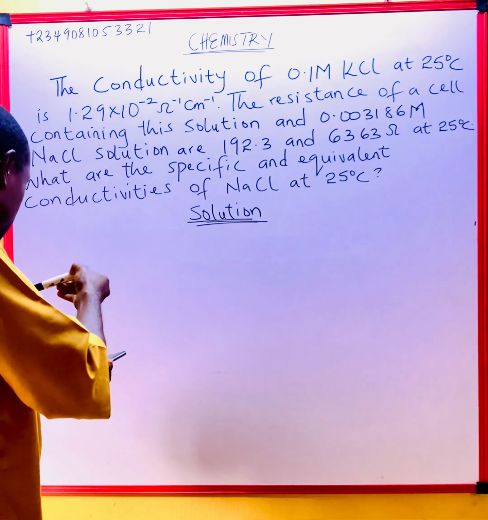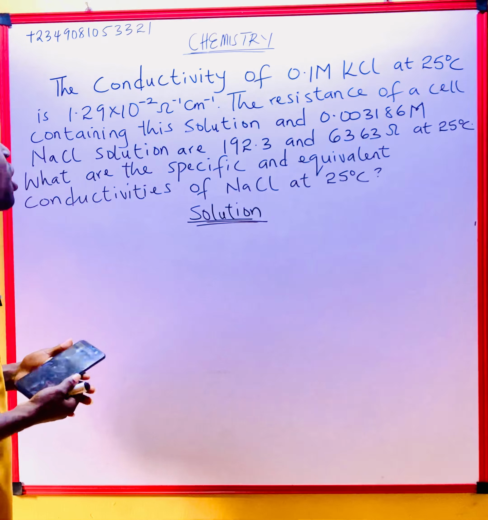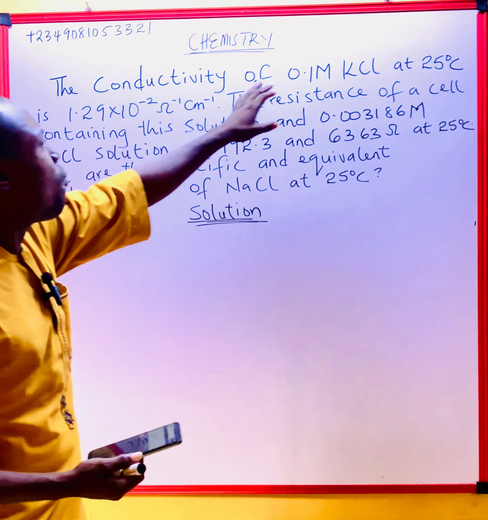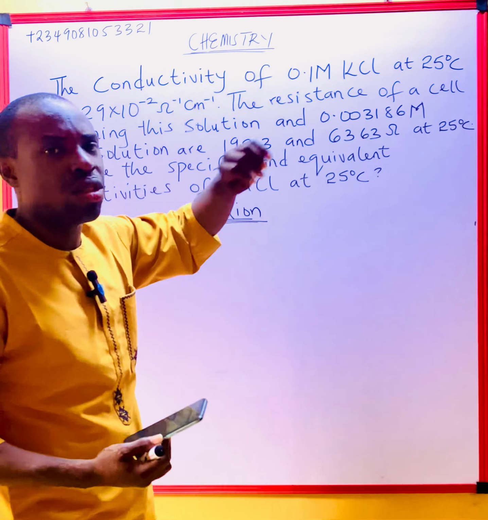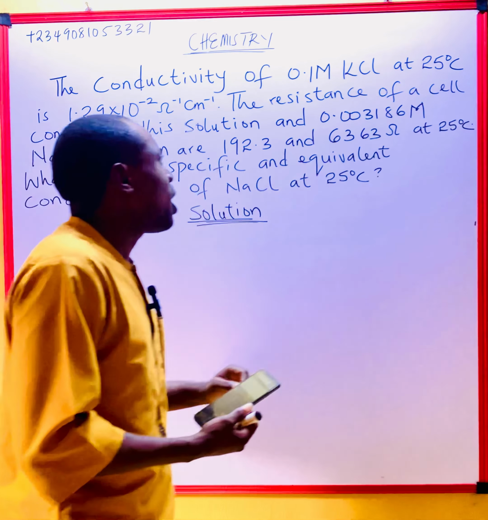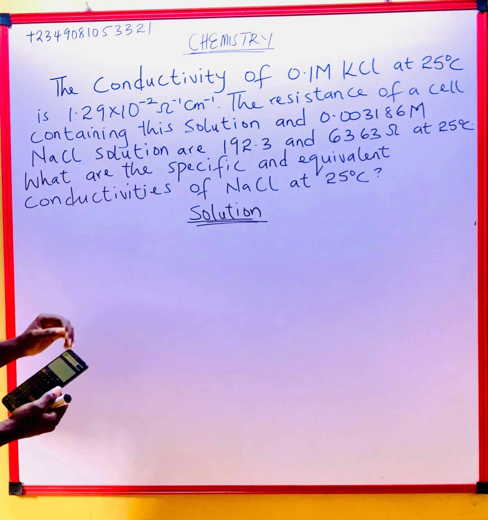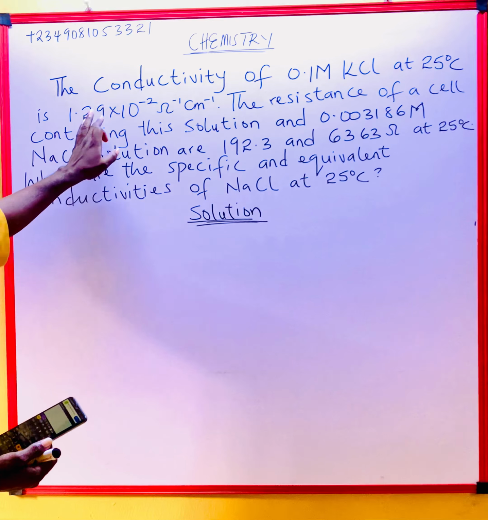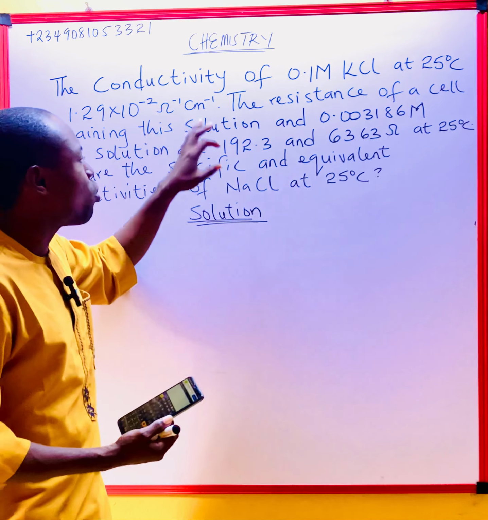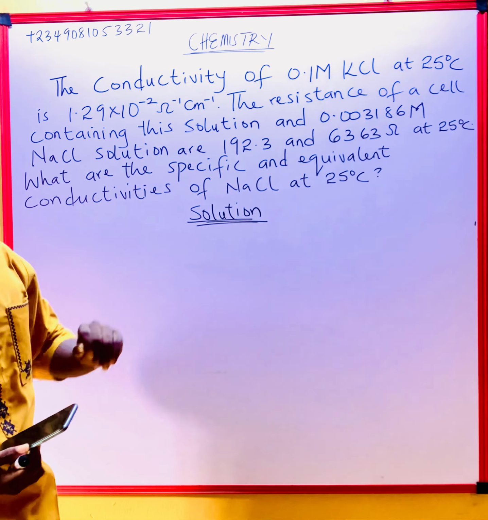Now, listen. The question says the conductivity of 0.1 molar concentration KCl at 25 degrees Celsius is 1.29 times 10 raised to power minus 2 ohm per centimeter.